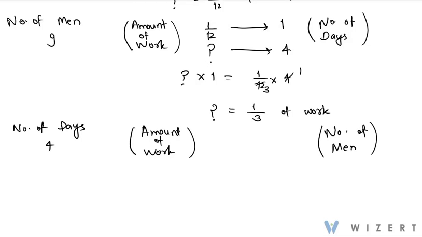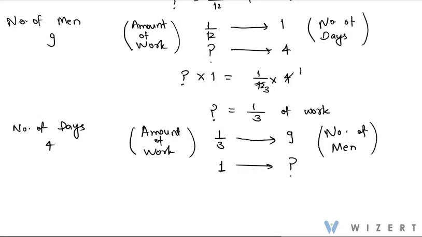So now we know 1/3 of work is being done by 9 men. Then the complete work will be done by how many men in 4 days? We have first made the time, that is the number of days, constant using the above calculation.